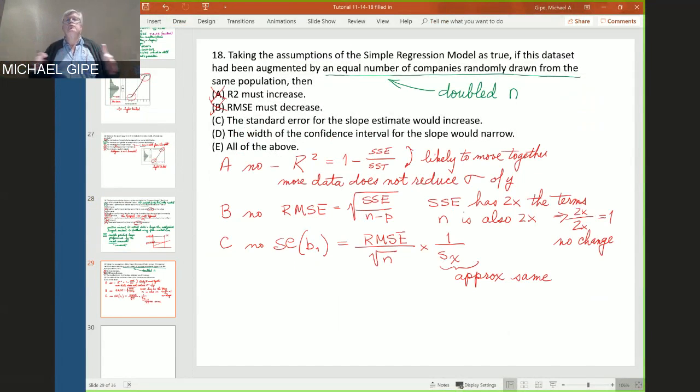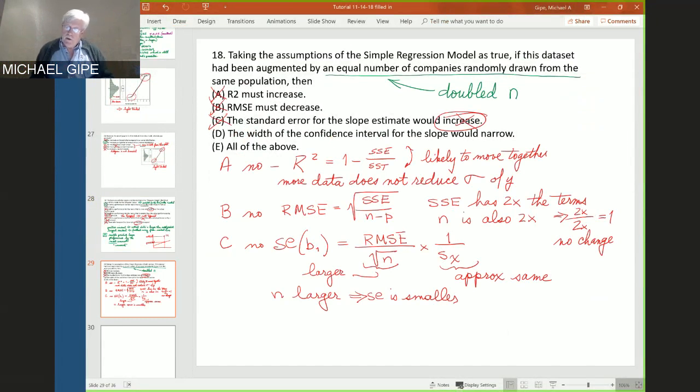That doesn't change the standard deviation of the data itself. The sample size n is larger. RMSE, as we've seen, is basically unchanged. So n is larger, the only thing that changes, and therefore the standard error is smaller. What does the answer say? Increase. So that's wrong. Just the opposite.